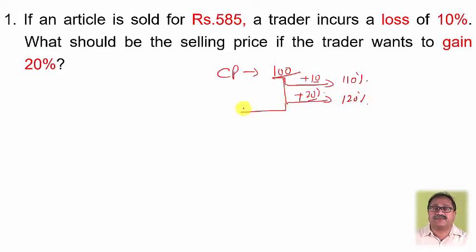Similarly, when there is a loss of 10%, your selling price will be 100 minus 10, that is 90% of the cost price. If there is a loss of 25%, then the selling price will be 100 minus 25, that is 75% of the cost price. So we have the prior information about this relation.